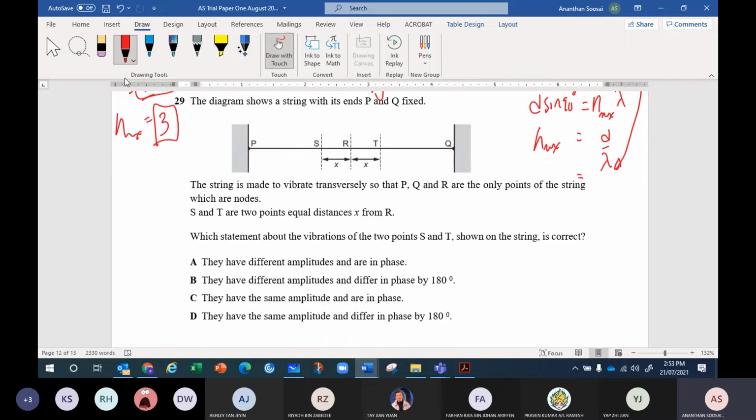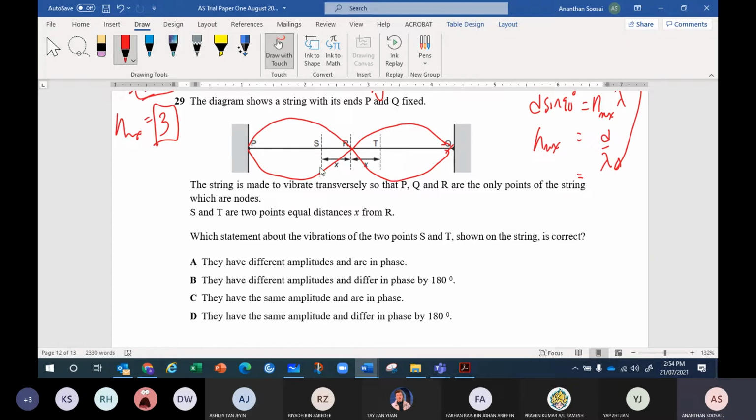Okay, this is a stationary wave, right? It vibrates vertically. P, R, and Q are nodes. A node is a point where the amplitude is 0 due to destructive interference.